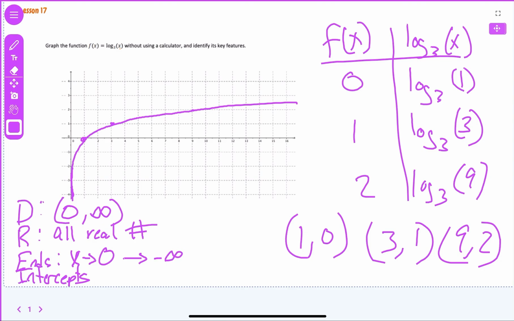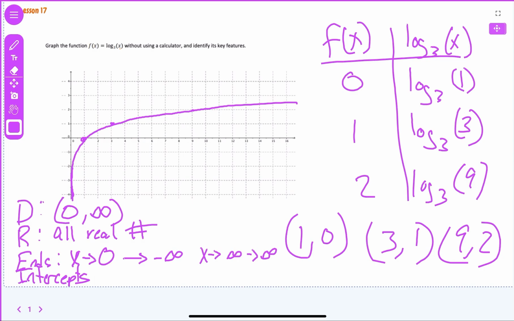As the x value approaches 0, the y value is approaching negative infinity. All right. We also have to talk about it in the other direction. As x approaches positive infinity, what does y do? It's also going to approach positive infinity, right? It's going to gradually keep going up like that.